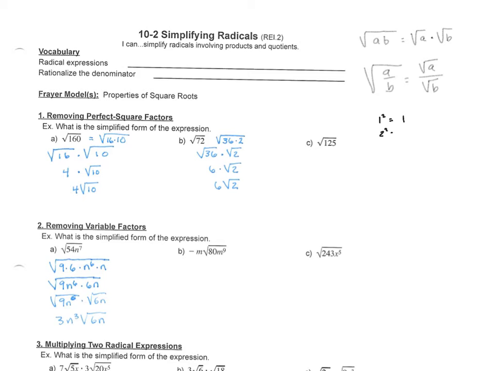You have 2 squared, which is 4, and 3 squared, which is 9, and so forth until, at this point in your education, you should really know 15 squared, which is 225. But again, filling in some of those blanks, 4 squared is 16, 5 squared is 25, 6 squared is 36, 7 squared is 49.